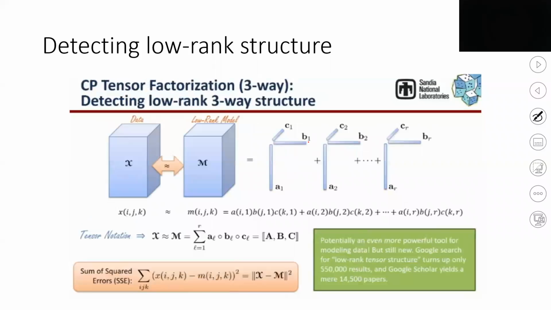You can do the same thing for high dimension data sets. For the 3D case, you have vector 1A, vector 1B, vector 1C, vector 2A, vector 2B, vector 2C. Depends on how many components you want to use, you stop at level R here.